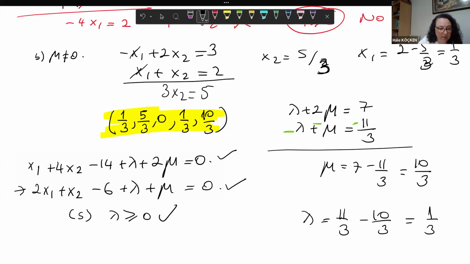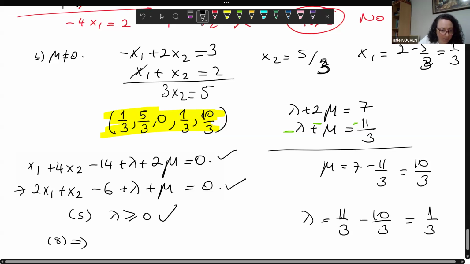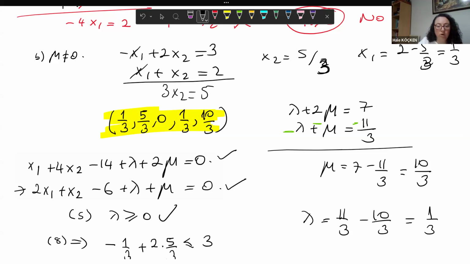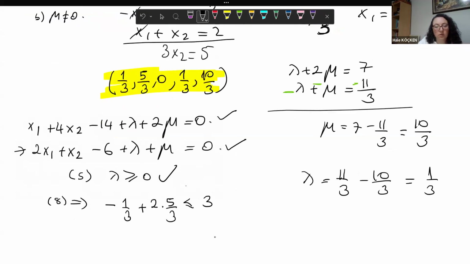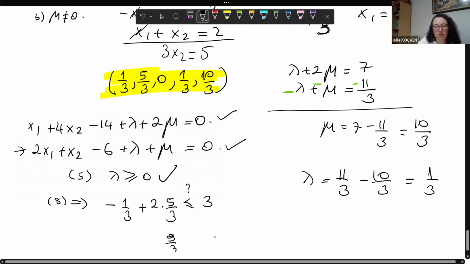I didn't use 8, so I need to check 8. Minus x1 plus 2x2 less than or equal to 3 or not. It is, yes, it's an active constraint. It's satisfied. 9 is already satisfied.